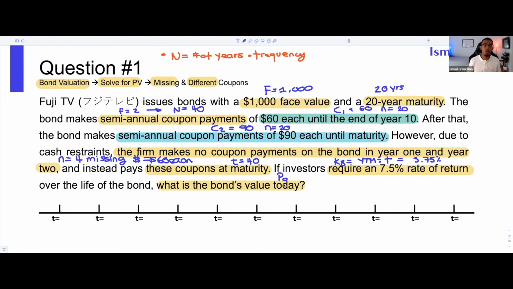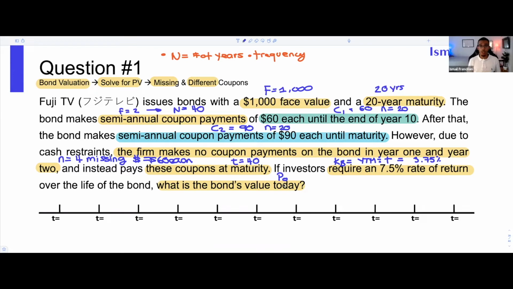Our timeline will be super useful, especially at the very beginning, for us to get a sense of what we need to do, okay? What we did here is we highlighted a bunch of different topics within our question, and then we categorized them. Don't forget that when we do bond valuation problems, there are really only a few variables that we're looking for.